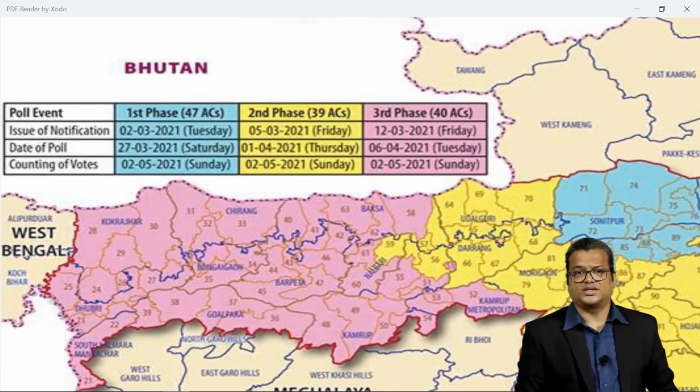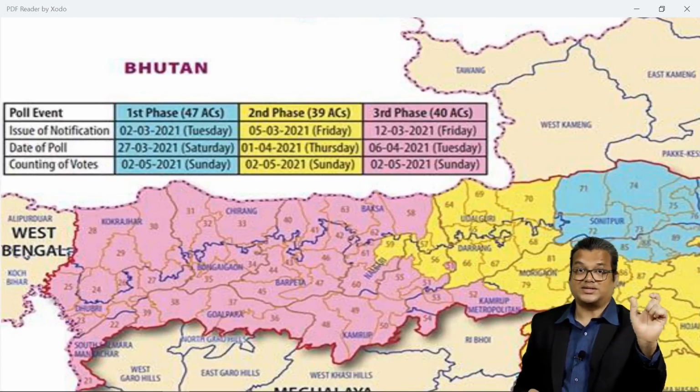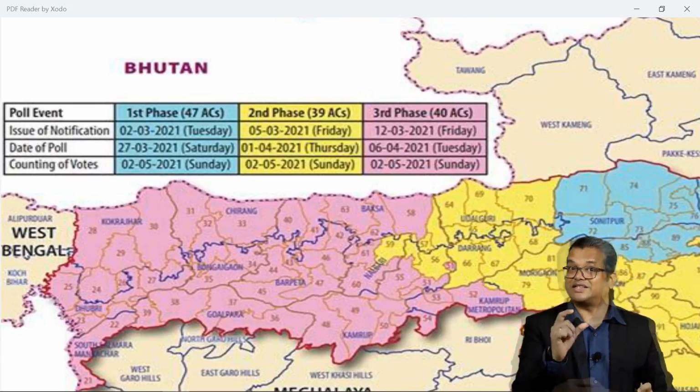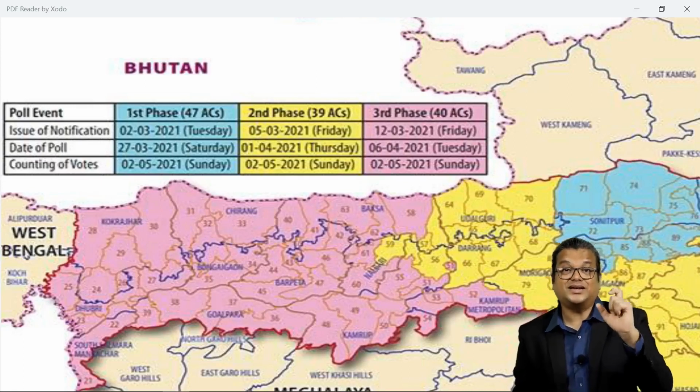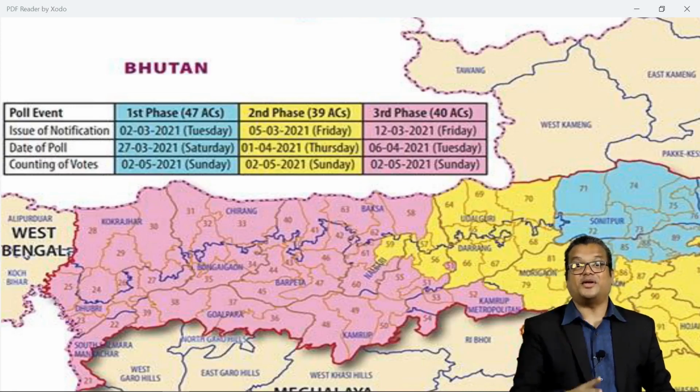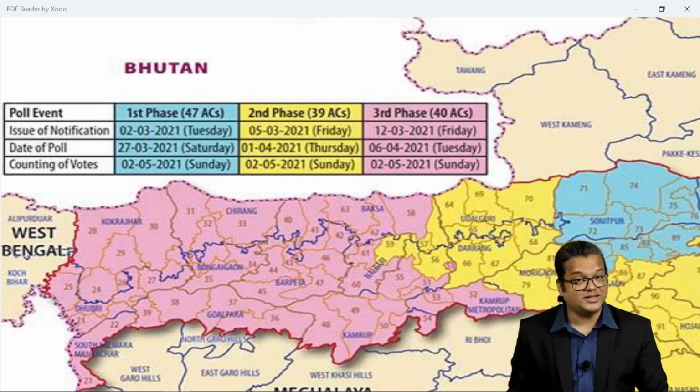You see the dates: the date of poll, 27th March, 1st April and 6th April. But guys, see the date of counting of votes: same, 2nd May, 2nd May, 2nd May. It was even the same for the West Bengal elections.